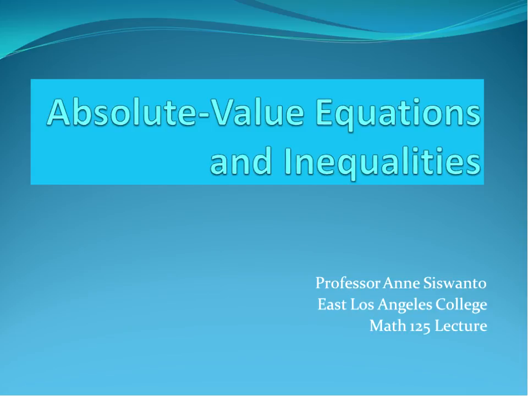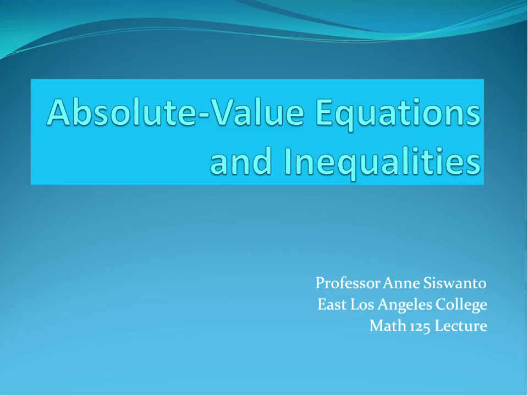So if I have absolute value of x is equal to 3, it means the distance between x and 0 is 3.